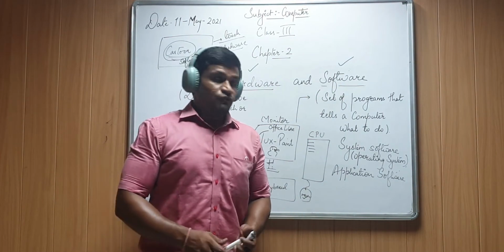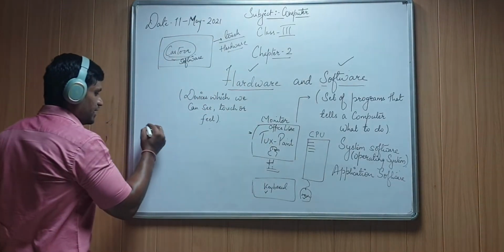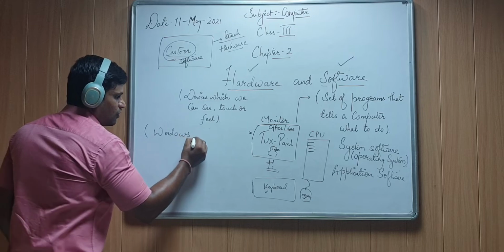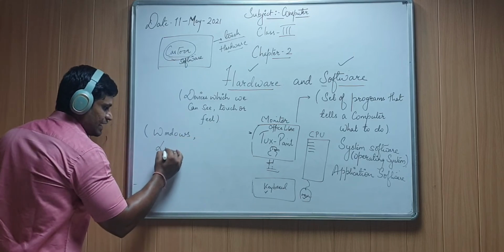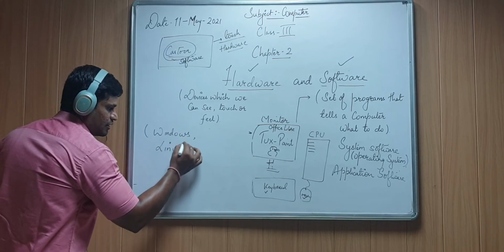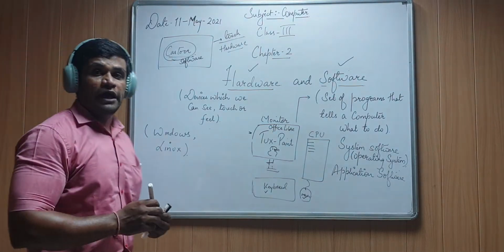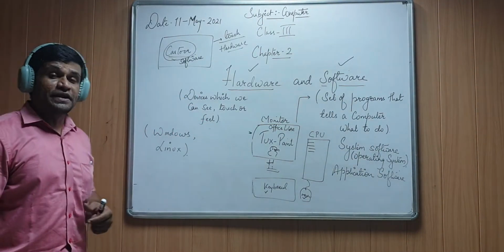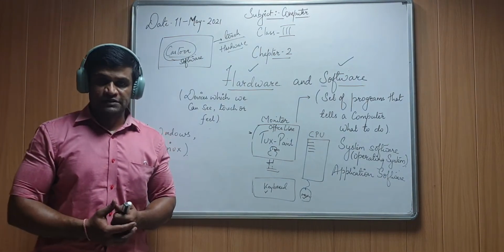Okay, now we have heard about Windows, or in the last class we had heard about Linux or Ubuntu operating system. These are some operating system names, examples of operating system.